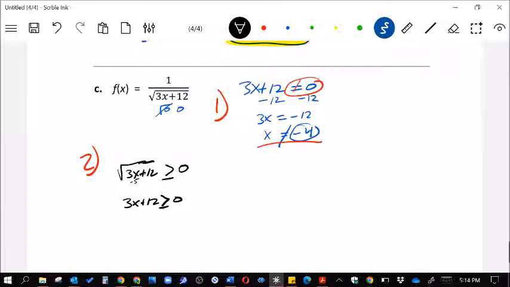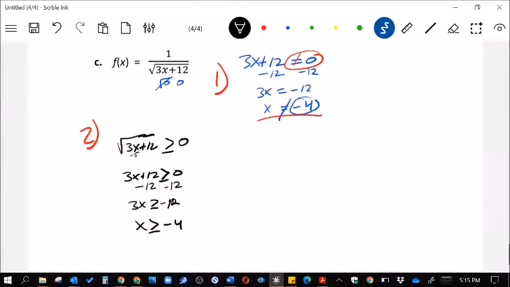So let's actually calculate what it would be. Minus 12 on both sides. 3x greater than or equal to -12. Aha! It's very similar: x greater than or equal to -4.